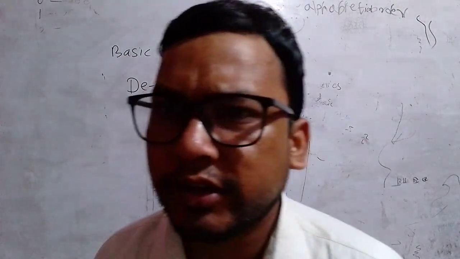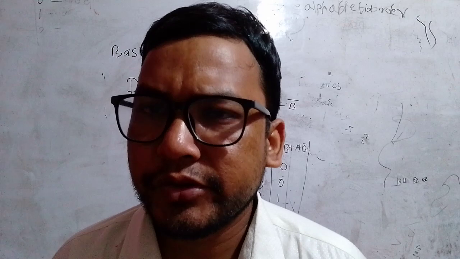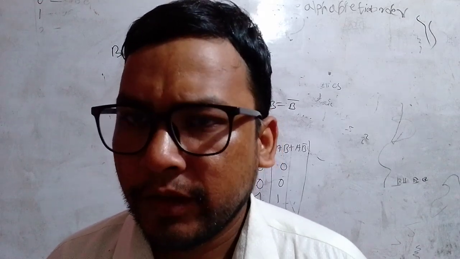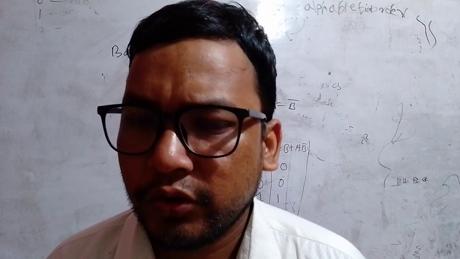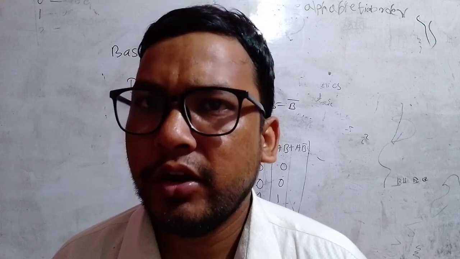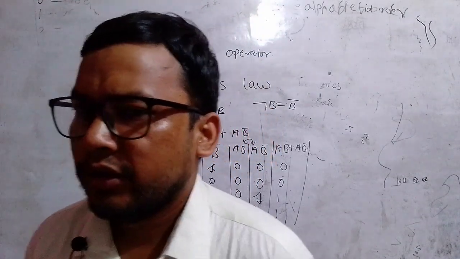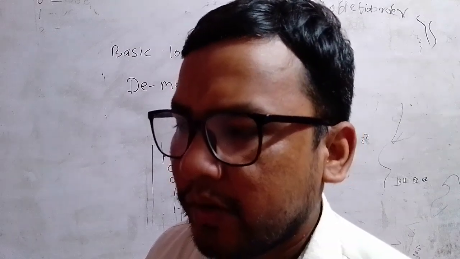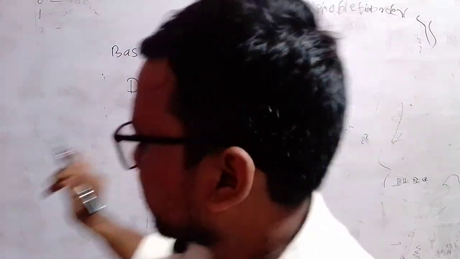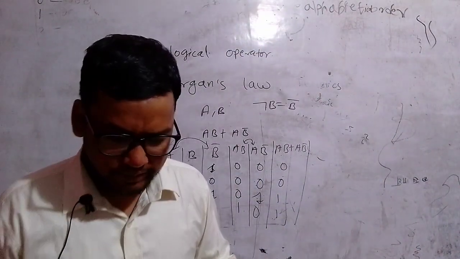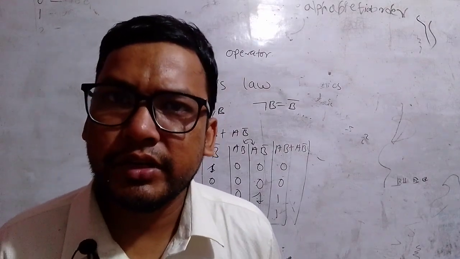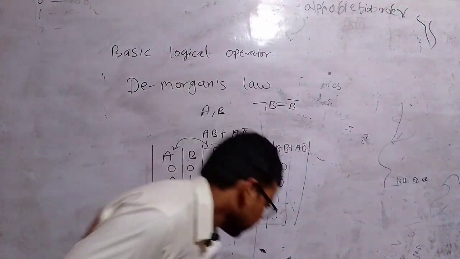Now, what is the use of the truth table? A truth table can be used to evaluate the value of expressions or to demonstrate a certain law. To demonstrate a law, we can also use the truth table. Now let's verify De Morgan's law using a truth table.